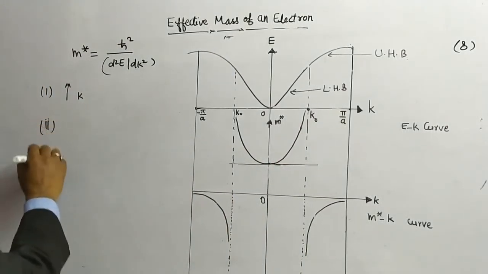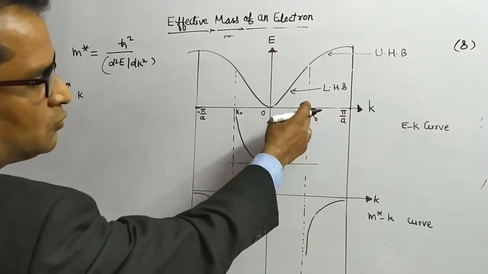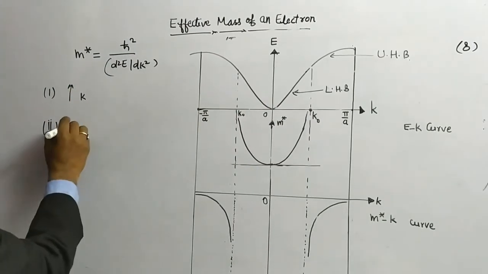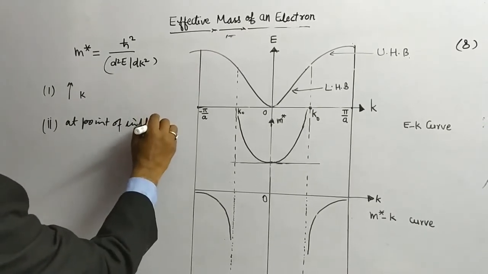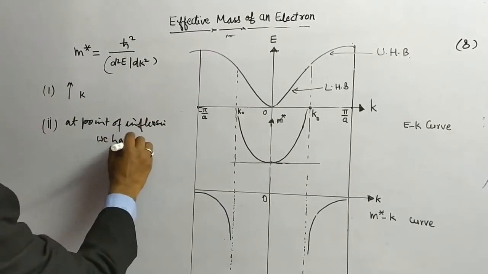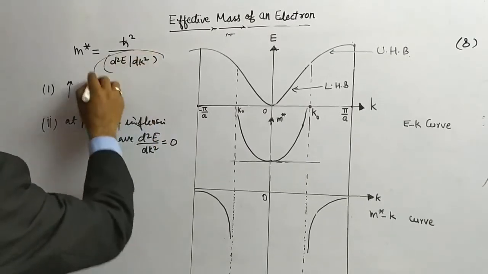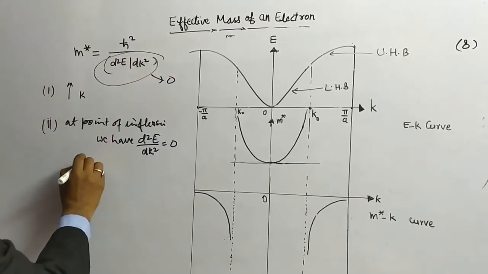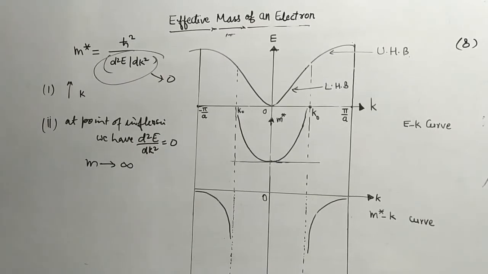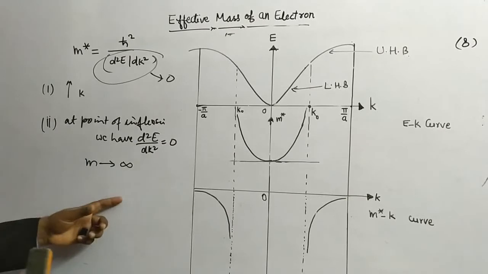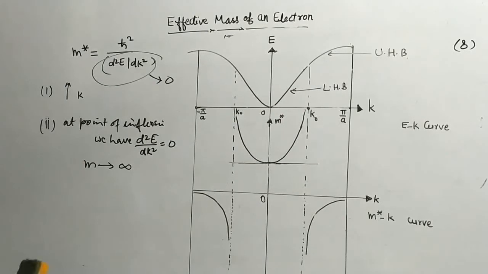The second point is that the effective mass becomes infinite at the point of inflection, because at the point of inflection d2E upon dk2 will be 0. If this term is 0, effective mass becomes infinite. So this means that in the lower half of the band, the effective mass is behaving like a heavy particle.